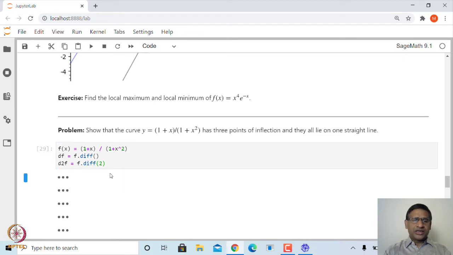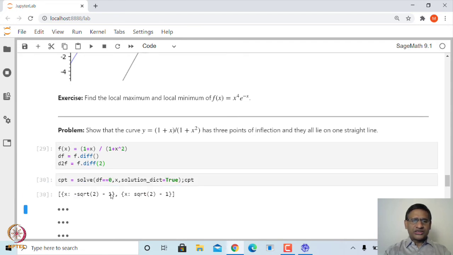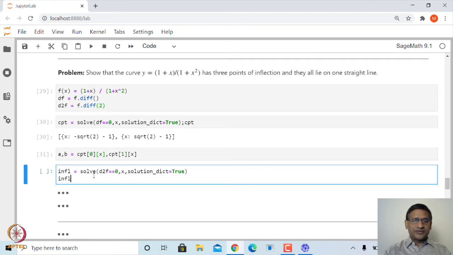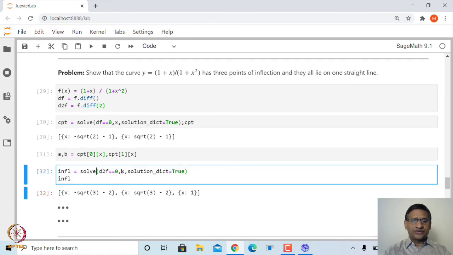Right. So, let me run this, define f(x), define the derivative, and then find out the critical points. These are the two critical points in this case, and let us store these critical points in A and B, and let us find out the points of inflection, that is, equate the second derivative equal to 0. You can see here there are three points of inflection.